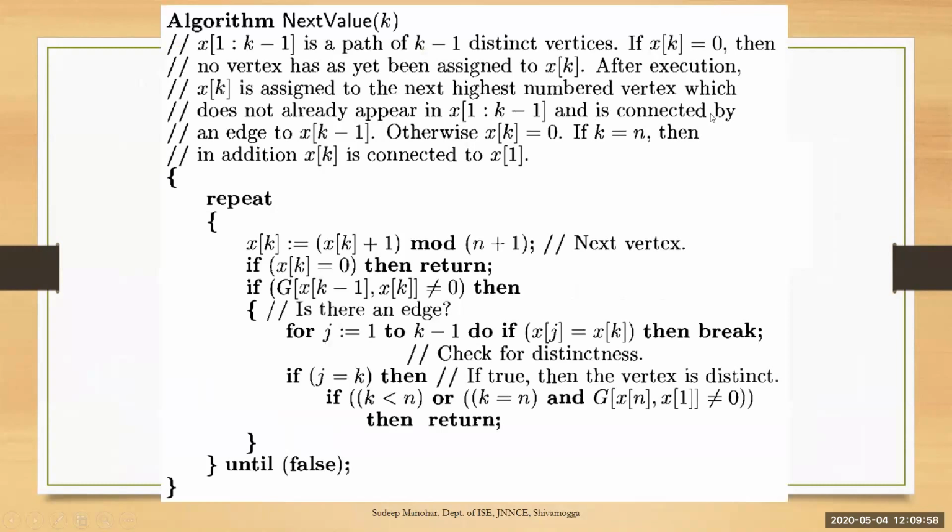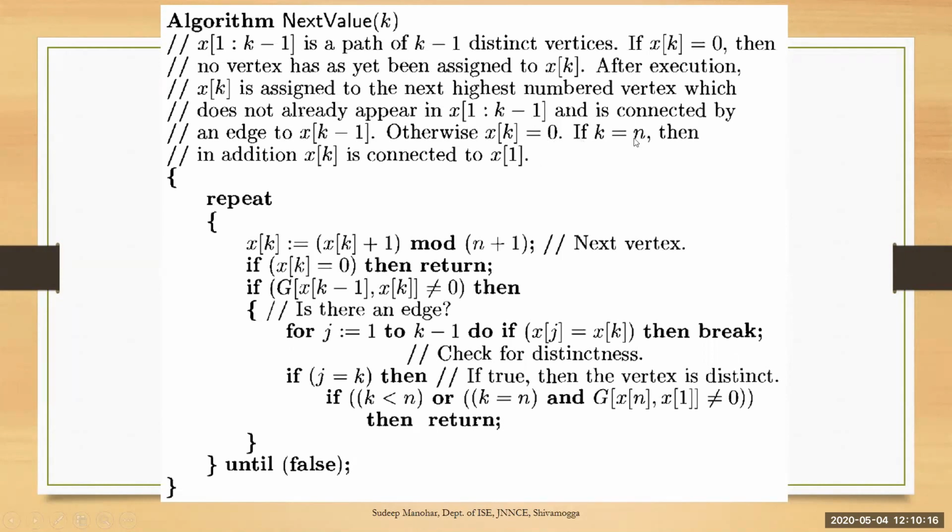And one more thing is, it should be connected by an edge to x of k minus 1. That is, from the previous vertex to x of k, there should be an edge. Otherwise, x of k is 0. If none of the conditions is satisfied, then x of k will be set to 0. When it is set to 0, you have to backtrack.